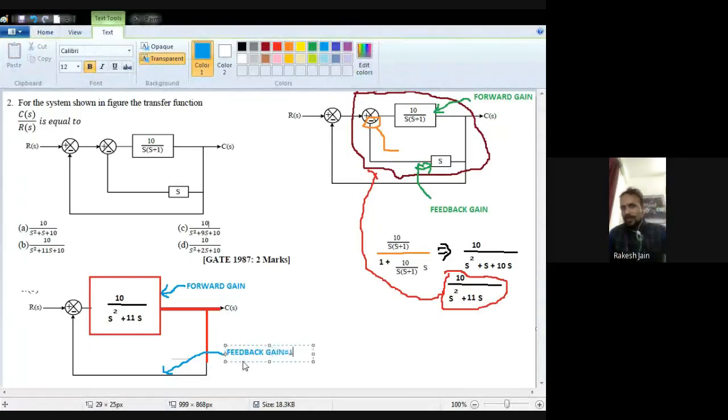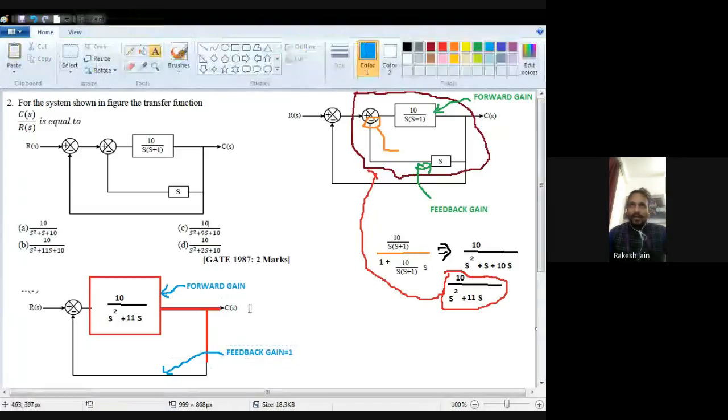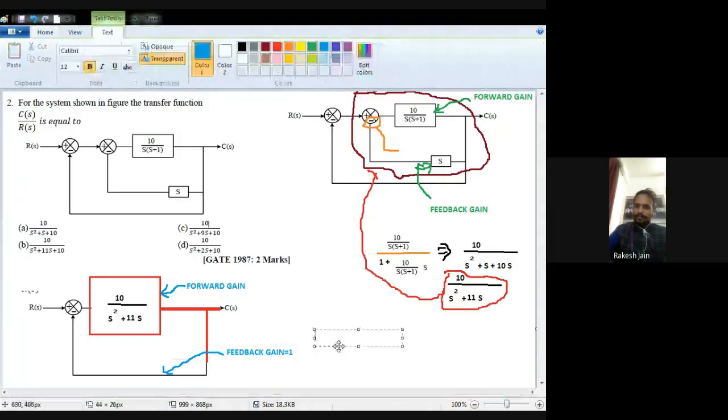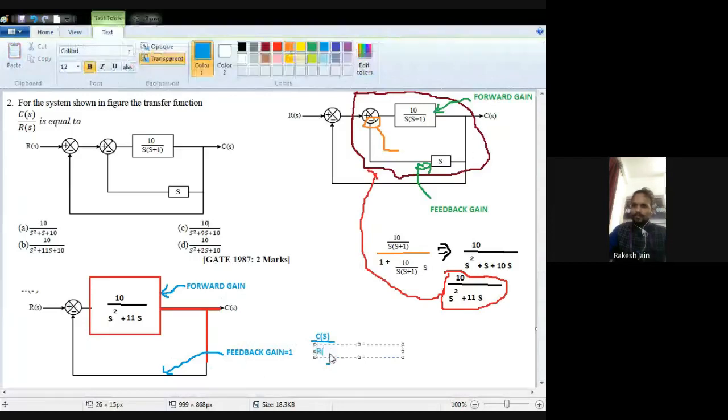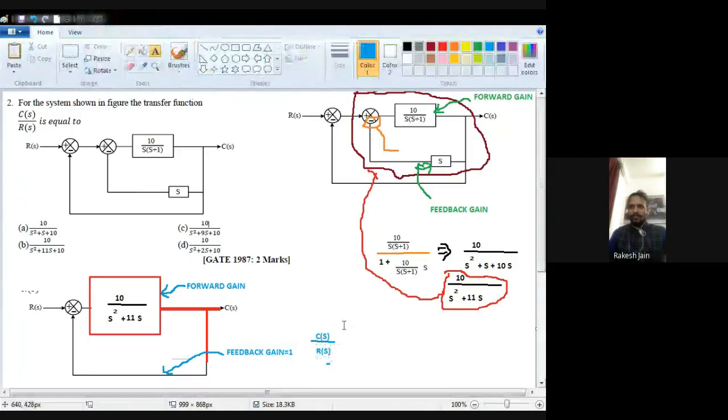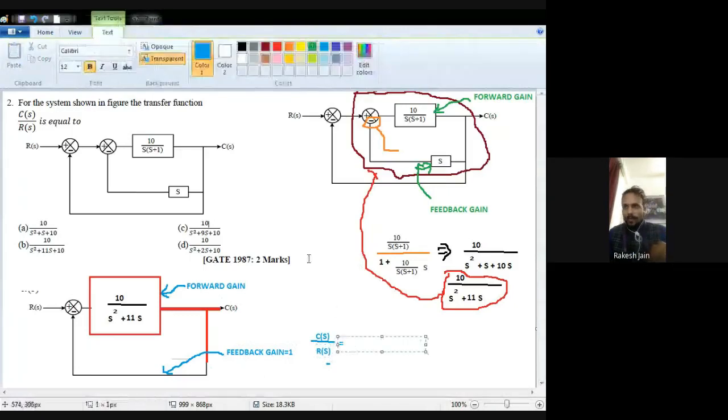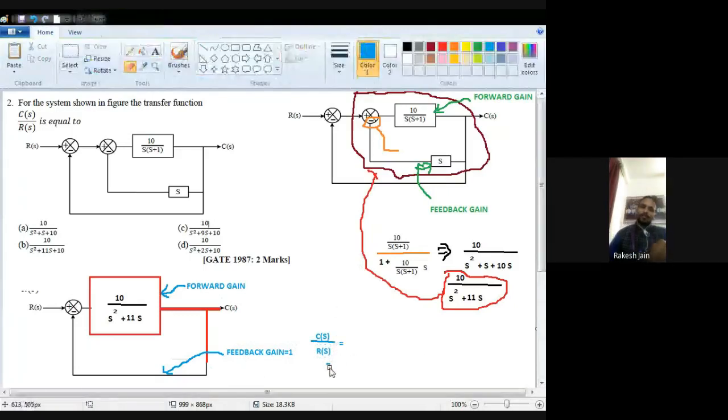So now how to solve the question? Because we have to find out the transfer function Cs upon Rs. So now Cs upon Rs equal to forward gain upon, the rule is same, forward gain upon 1 plus or minus forward into feedback.